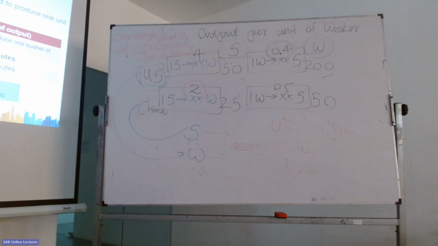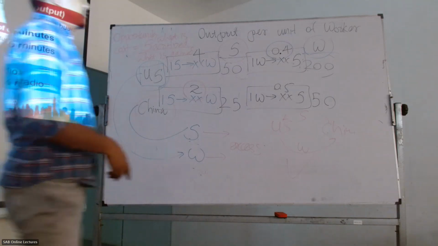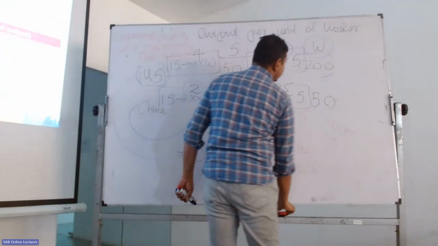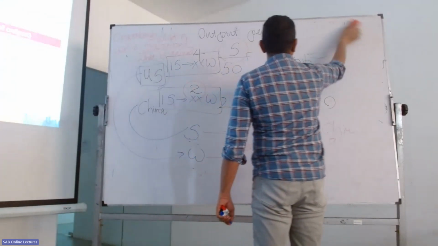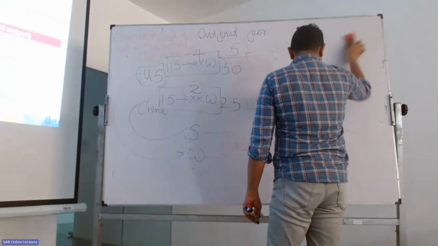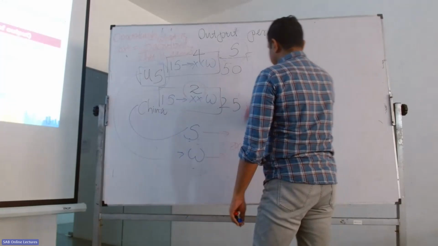This time indicates the cost. The time directly indicates the cost. When the time spent to produce 1 unit of output is high, cost is also high.